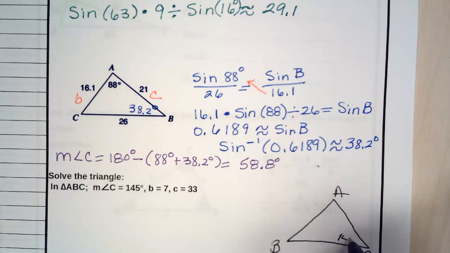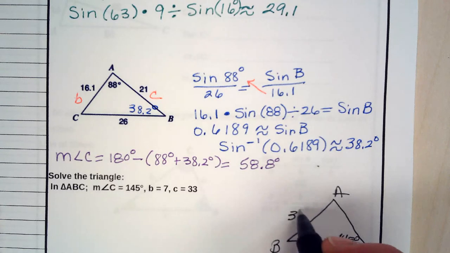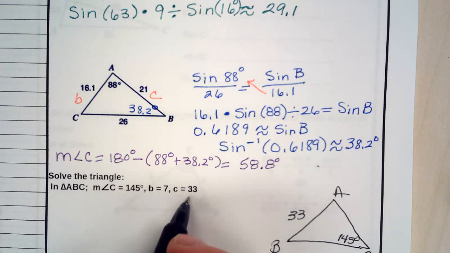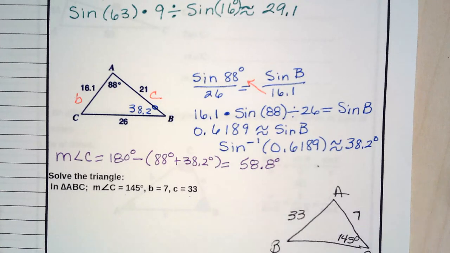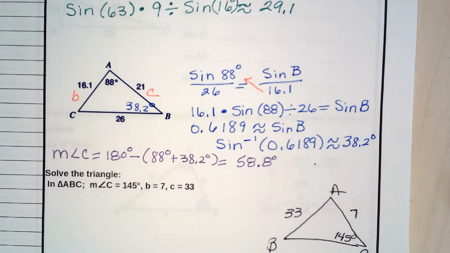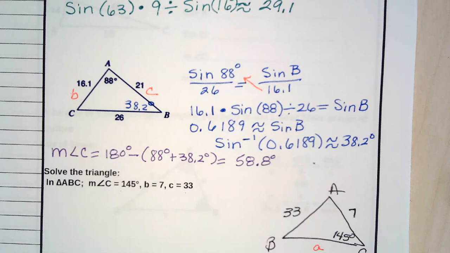This is 145 degrees. This is 33. Angle C, side C. This is 7. So, where do we get started? We still need angle B and we need side A. And angle A.